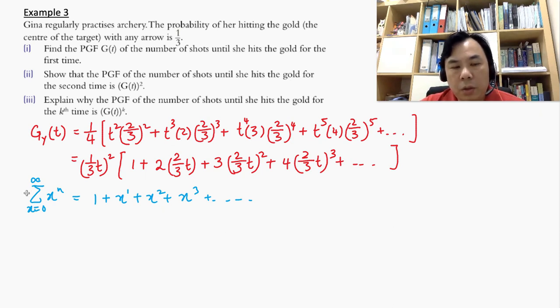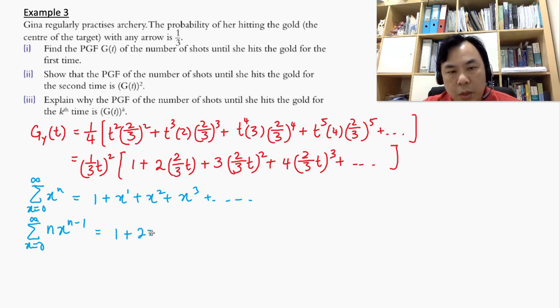Now, if you try to differentiate this, we will get n x^(n-1). So if you try to differentiate this with respect to x itself, indirectly we are getting 1, 2x, 3x squared plus 4x cubed, and so on and so forth.